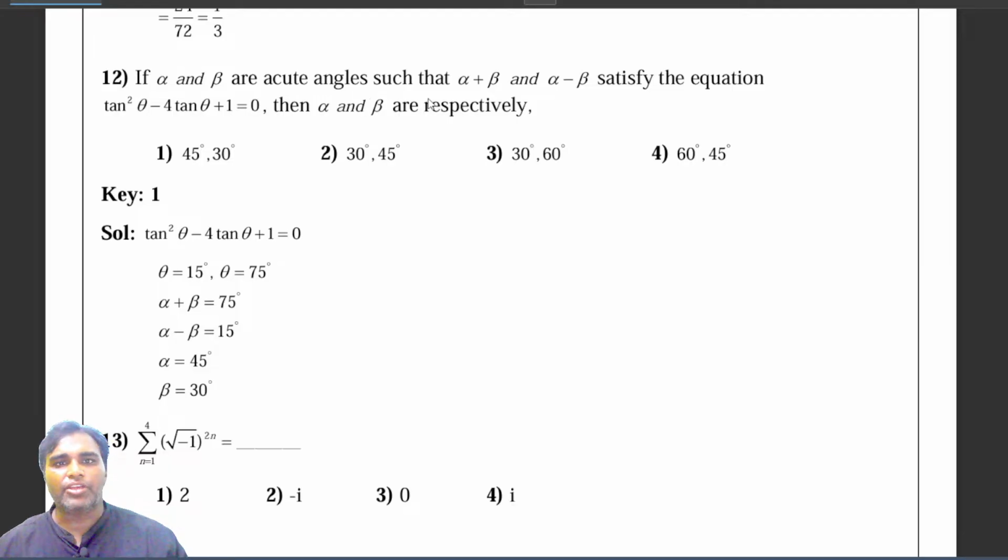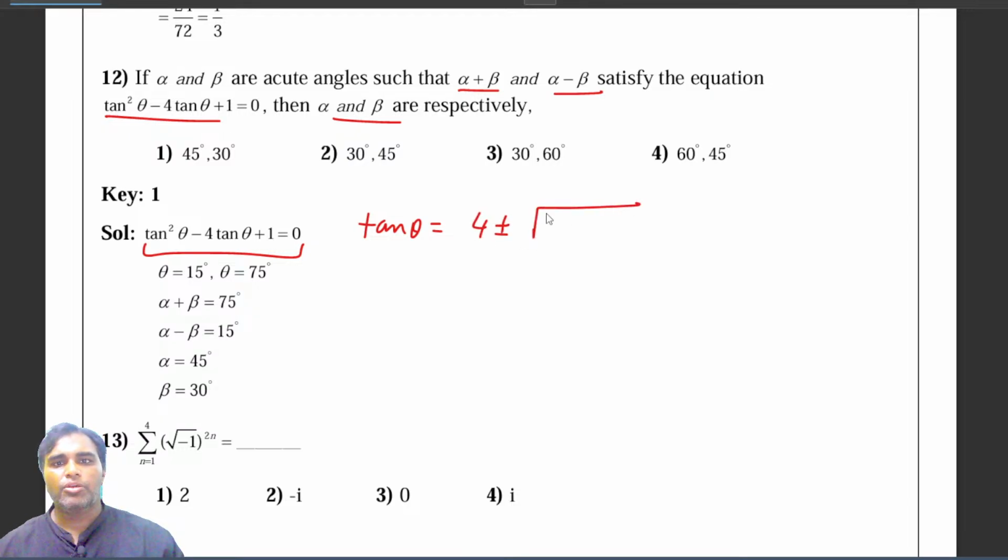Alpha, beta are the acute angles such that alpha plus beta and alpha minus beta satisfy this equation. What are alpha and beta? Let's first solve this quadratic equation. So tan theta value is 4 plus minus under root b square minus 4ac divided by 2a. So 4 plus minus 2 root 3 by 2.